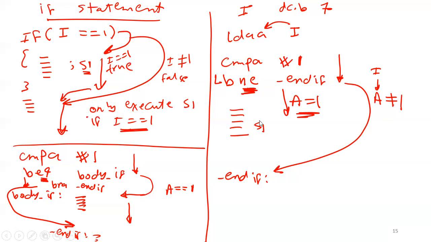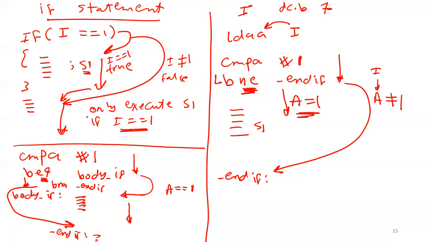And the branch is not taken if they are actually equal, if the condition is true. Okay, guys? Any question? You can see the logic here and the logic here.